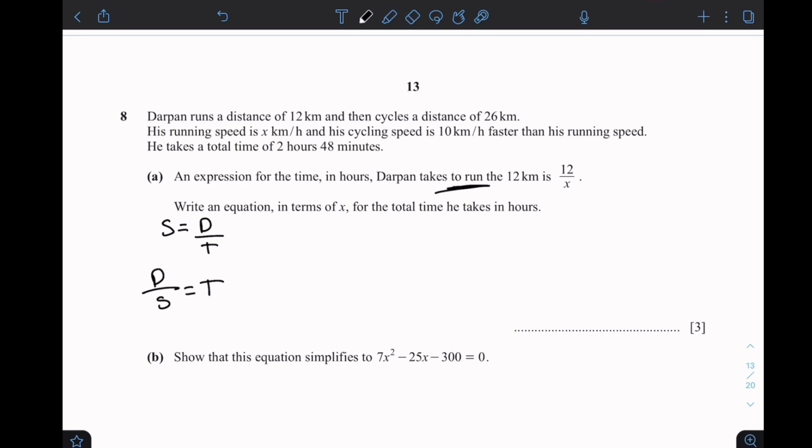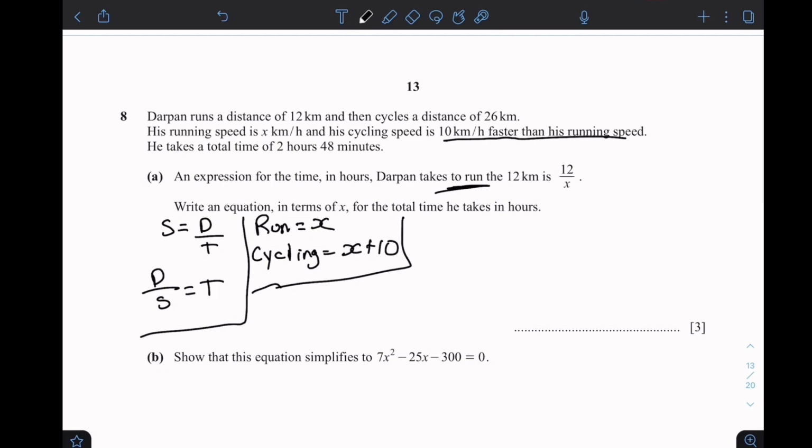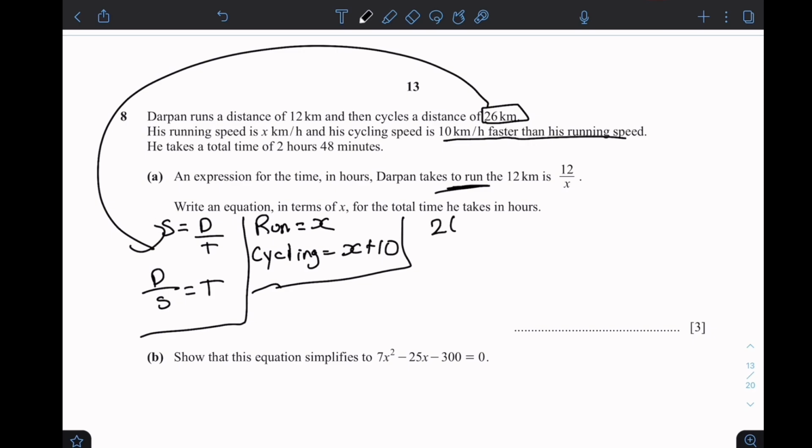So we know the speed of running when he runs is x, and his cycling speed is x plus 10, because it says it's 10 kilometers per hour faster than his running speed. So we know the distance is 26, and you apply this in the formula: 26 kilometers divided by his speed, which is x plus 10.